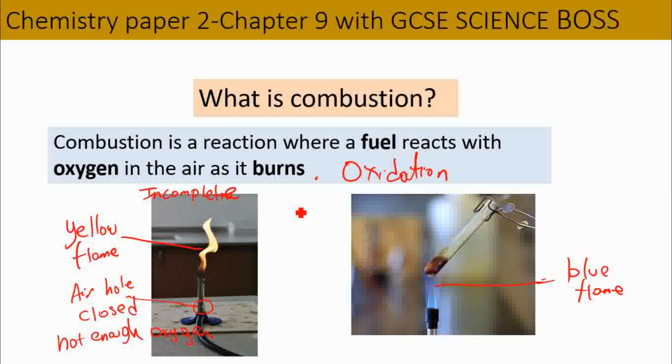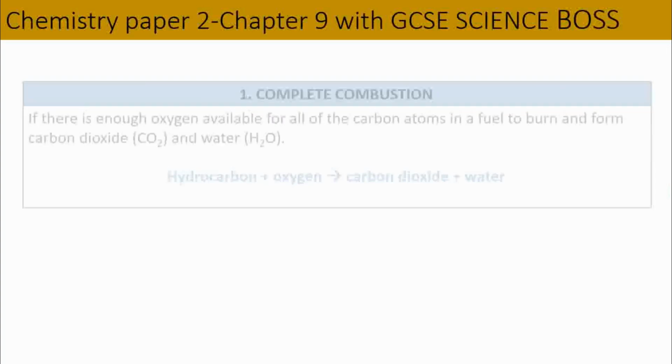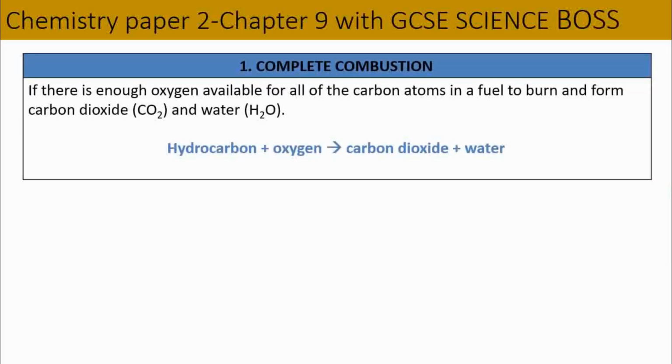So there are two types of combustion. You have incomplete combustion, and you also have complete combustion, in which in this bit here, the air hole is open, okay? So there are two types of combustion, complete and incomplete.